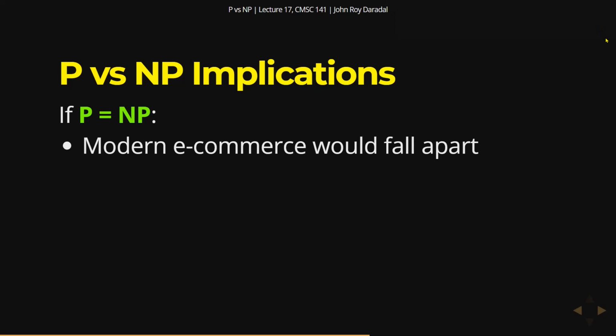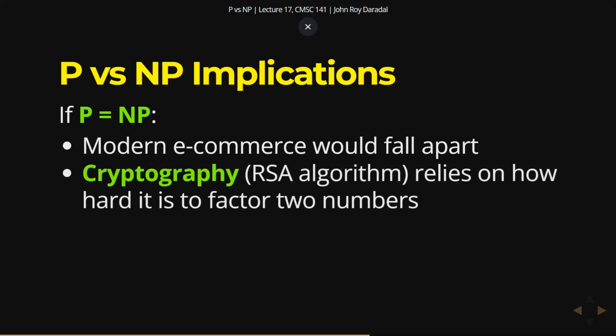Okay, why is that? Because modern e-commerce, which is transactions online that involve money, relies on cryptography, right? That the connection is secured, right?